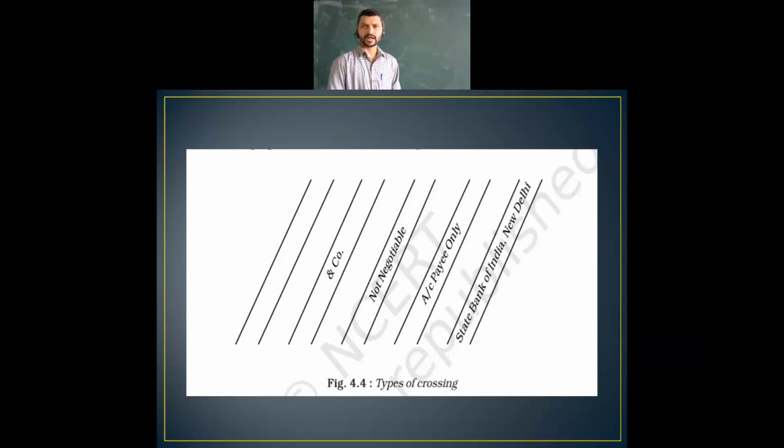Means if you are making the payments through the check, you are telling that whichever bank the check is given for, only that bank, you have to get the withdrawal from that. No other bank should withdraw or deposit the cash from that check. So those conditions are given over here.